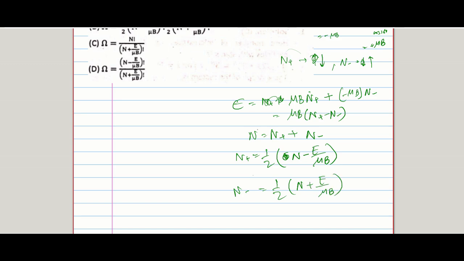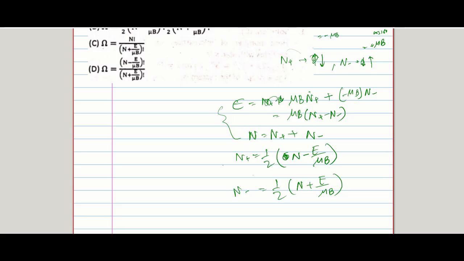Just use these two equations, put N plus is N minus N minus and put it here, you will get this one. Sorry, not eliminate capital N: while finding N plus eliminate N minus, and while finding N minus eliminate N plus.